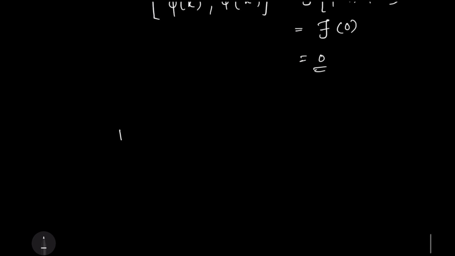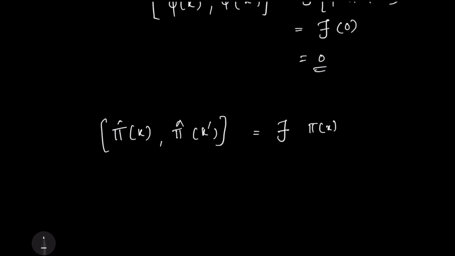Similarly, for momentum, pi of k and pi of k prime, the commutation will be the Fourier transform of pi of x and pi of x prime, which is the Fourier transform of 0, which is 0.